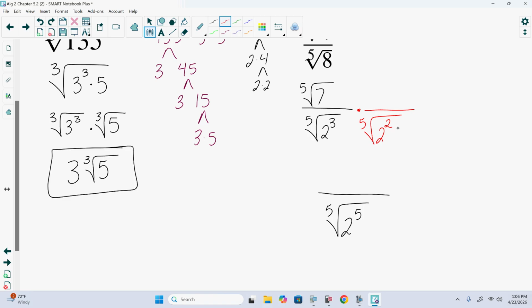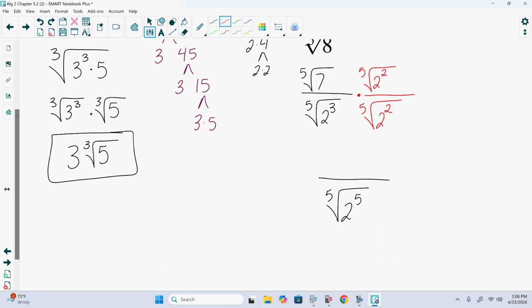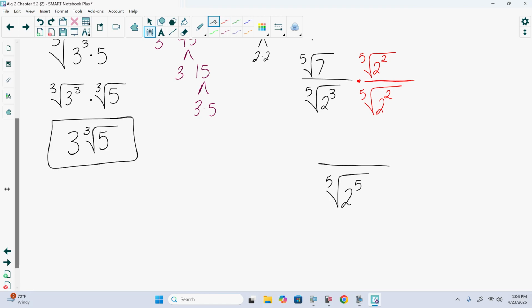Because when we multiply like radicals, we multiply what's inside. I have 3 of them, I multiply by 2 more, so we do have a total of 5, yes? But if I do it to the bottom, I also have to do it to the top. Which means on top here, I have the 5th root of 7 times 2 squared.